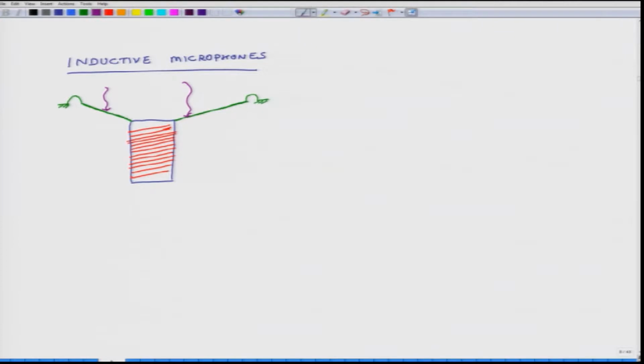Because of this, the diaphragm will tend to vibrate, and when it vibrates, the coil is also going to vibrate. And what is a coil? It is a conductor which is moving. At the ends of the coil you can have a resistor, and you can put a voltmeter here, or an ammeter to measure current. So, you can measure current as well as voltage across the ends.